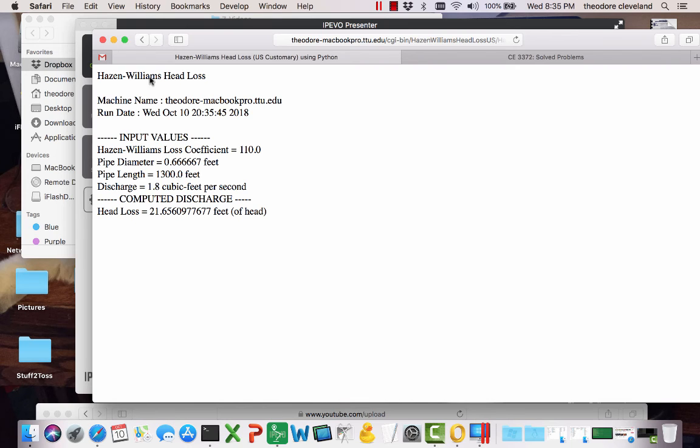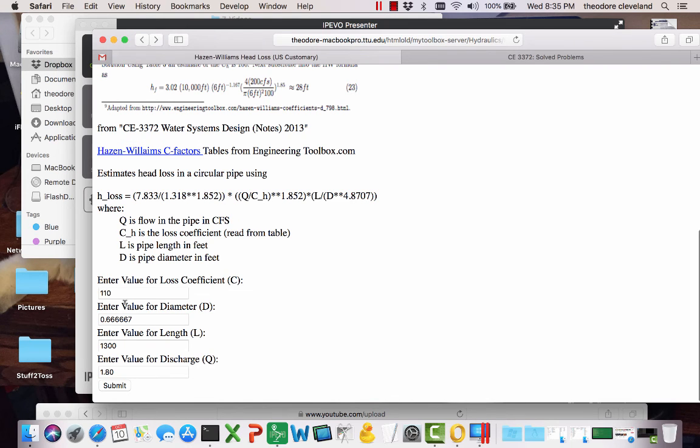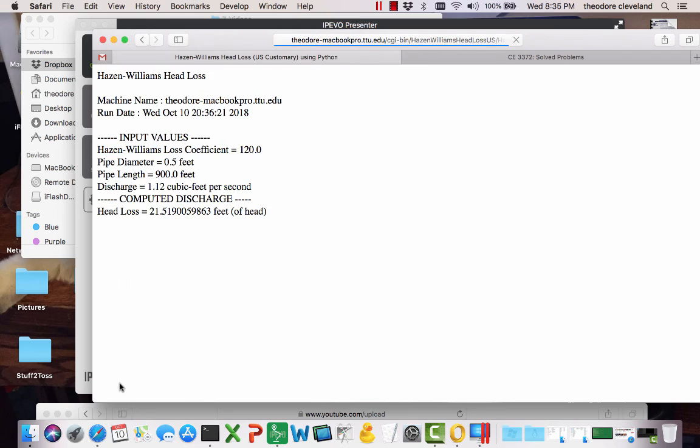Now we'll repeat that for the next pipe. Pipe number B is loss coefficient of 120, diameter of a half, length of 900, and if we supply a flow estimate of 1.12, we get a loss of 21.51 feet. So if we do QB of 1.12, we get a head loss of 21.51 feet, about the same.